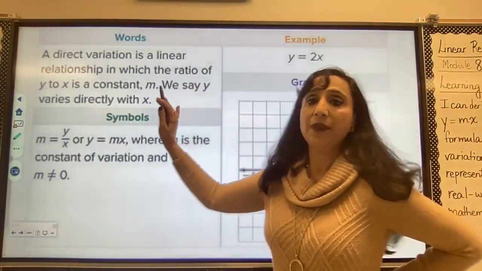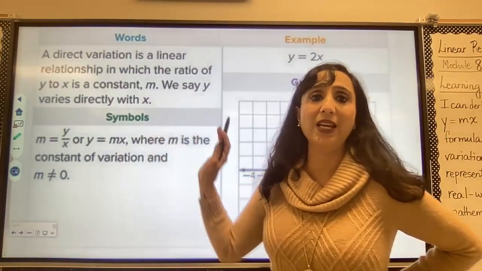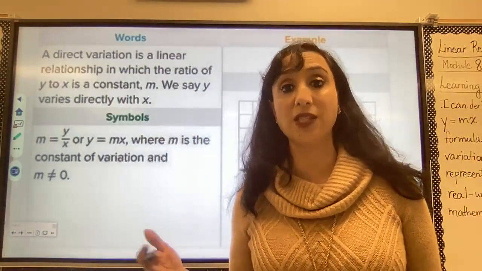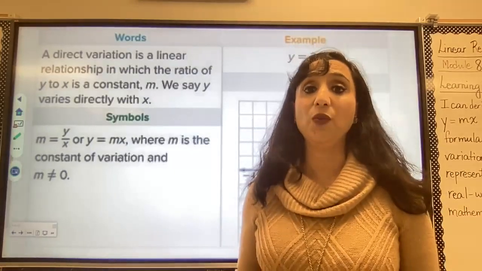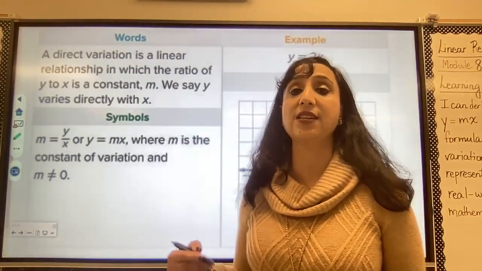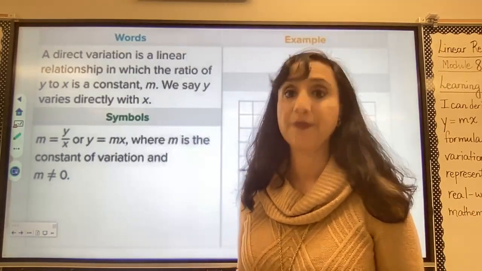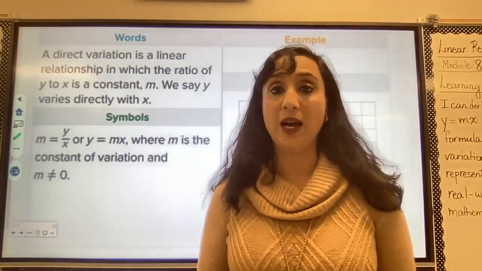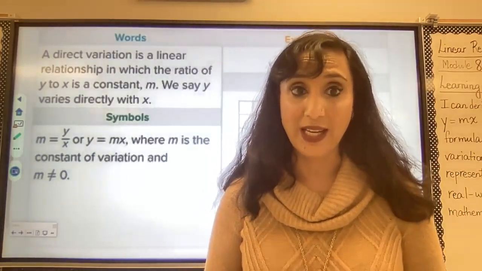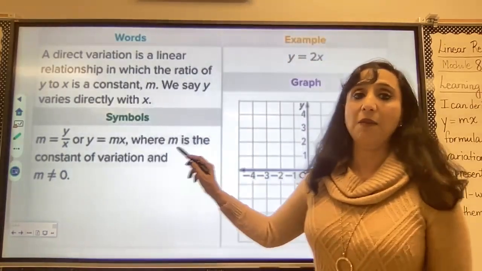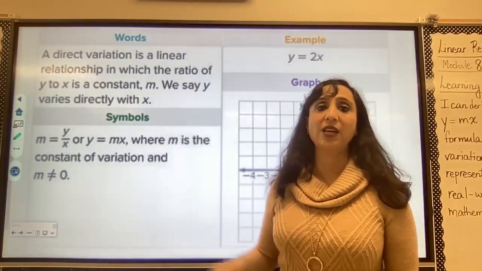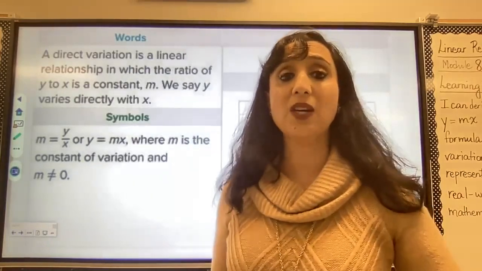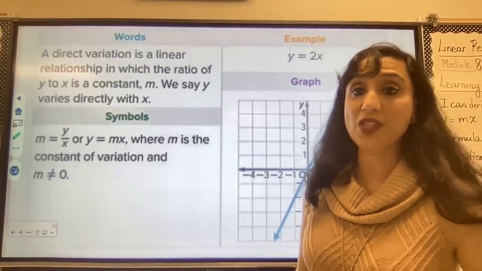So please look, a direct variation is a linear relationship in which the ratio of y to x is a constant, which is m. And then we say y varies directly with x, because m is the constant of proportionality. So as you can see, m = y/x, or y = mx, where m is the constant of variation, m is not equal to 0.